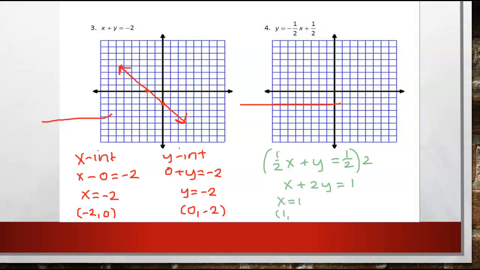So what that means is we have the point 1, 0. And we get that 2y equals 1, or y equals 1/2. And again, we can see our slope is down 1 over 2. And there's my line.